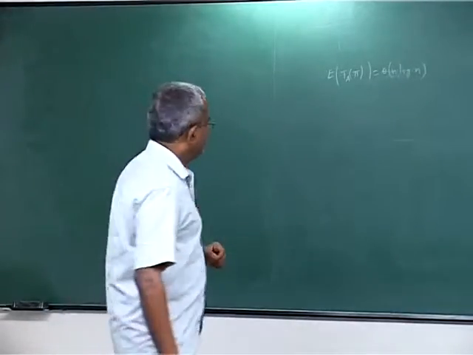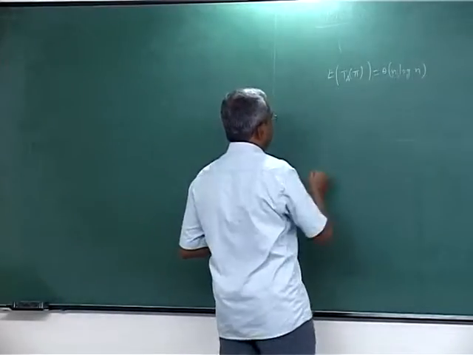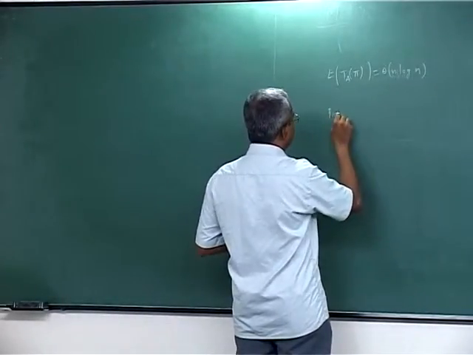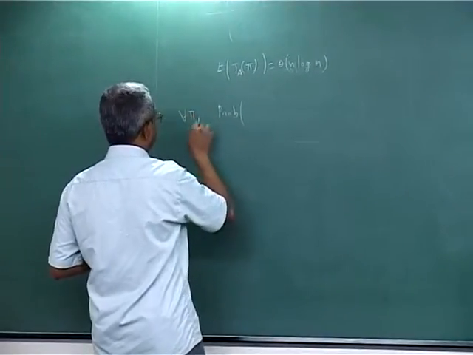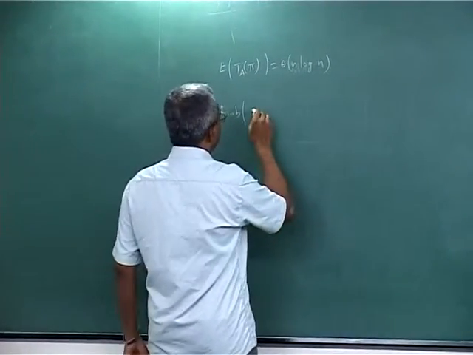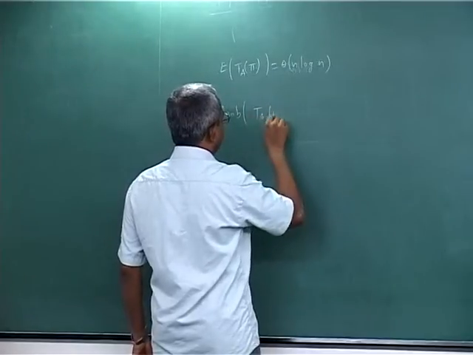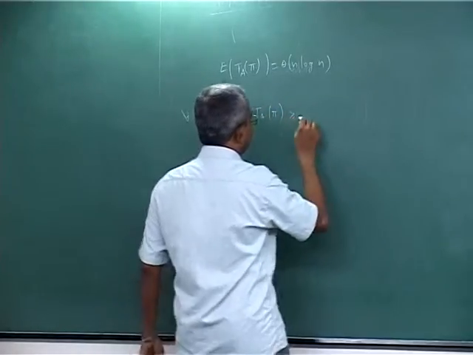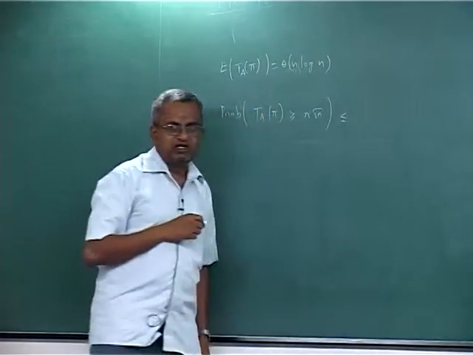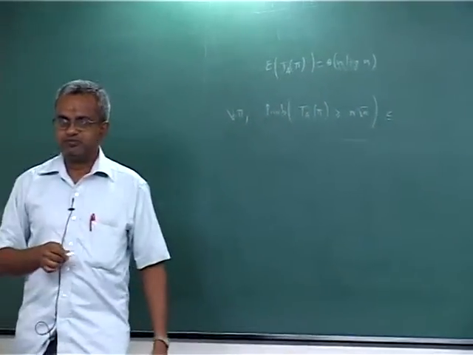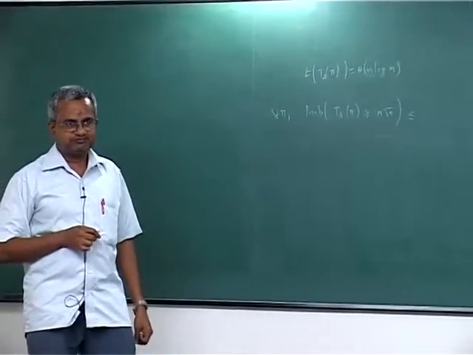For example, from this statement one can show that for all permutations pi, the probability that T_A of pi is more than n times square root of n is upper bounded by a well known inequality in probability theory known as Markov's inequality.